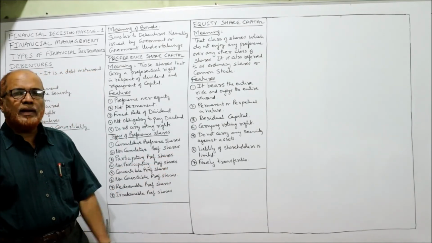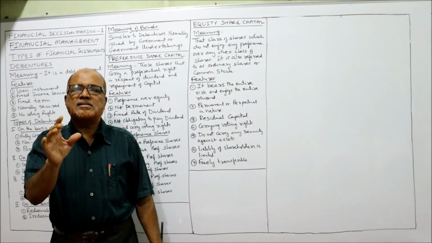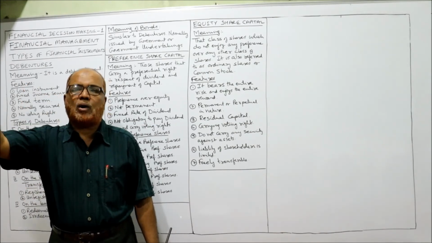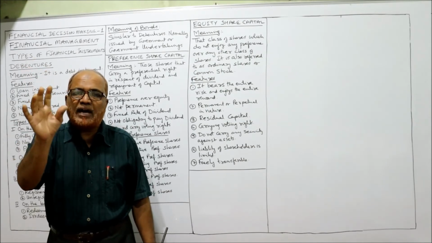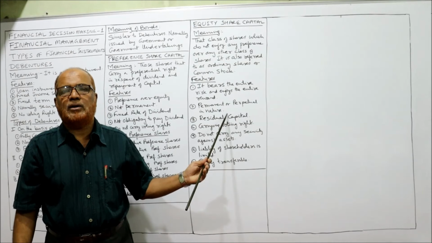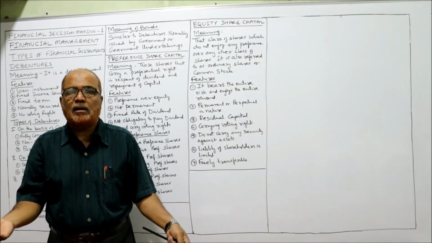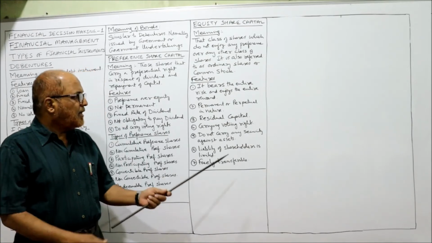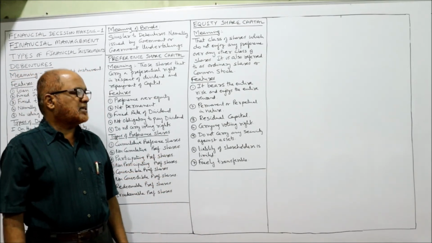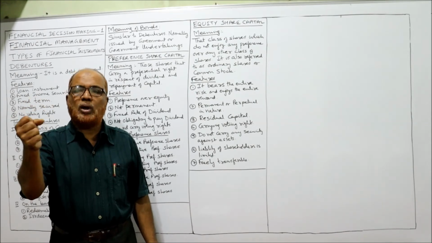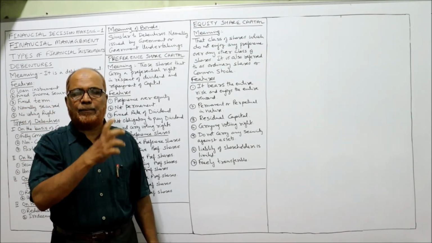Then residual capital. The capital is residual because after making payment to all the outside parties, if any amount is left, that amount will be given to equity shareholders. So they are the residual, the last party to be settled. Next, carrying voting rights. The equity shareholders will have the right to vote on any matter of the company.